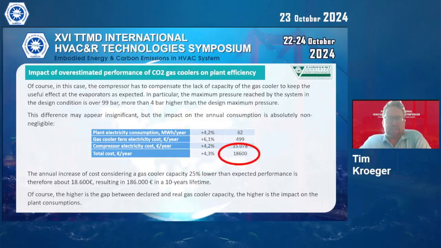there is a lot of text on this slide, but for an operator, there's only one figure that's interesting, and that's what is it actually costing me per year when a heat rejection system, a CO2 gas cooler, underperforms by 23%, and that is almost 20,000 euro per year. Obviously, these systems operate over a minimum of 10 years in their lifespan.